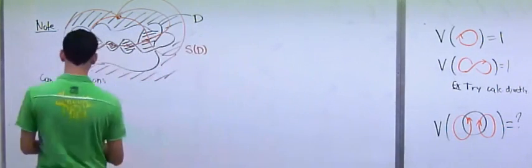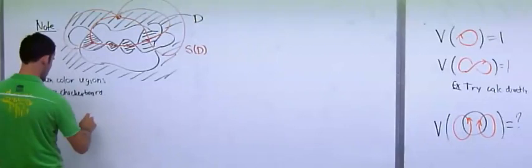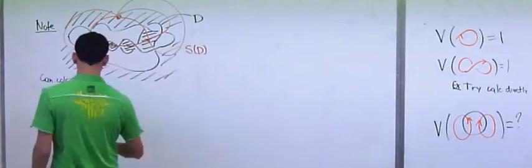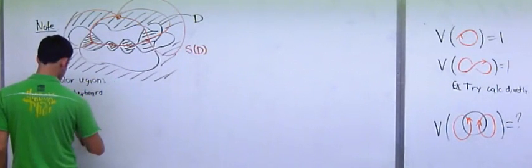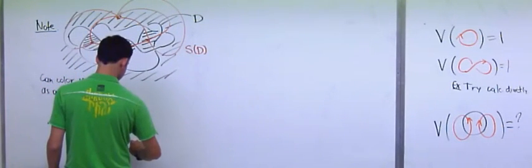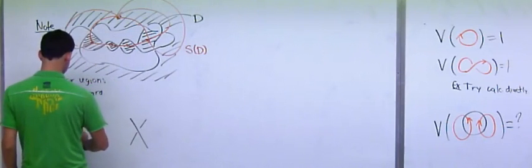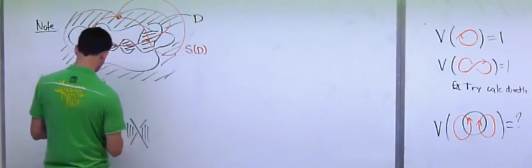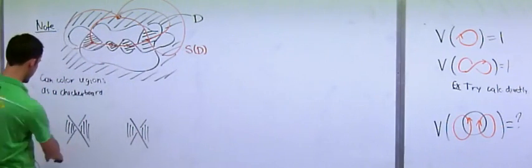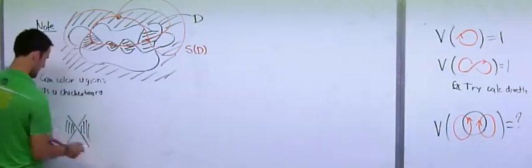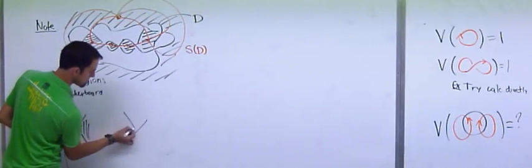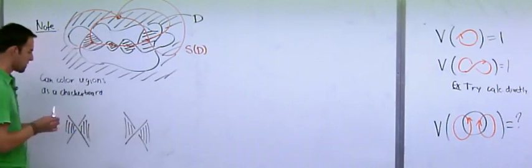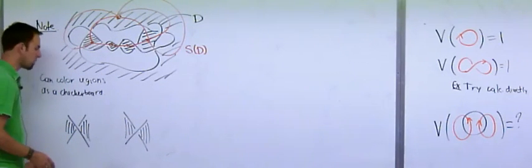Why signed? Because I'm going to put signs on it. And the way I'm going to do this is basically that there's two kinds of crossings. Let me make sure I do this correctly. What am I going to do?